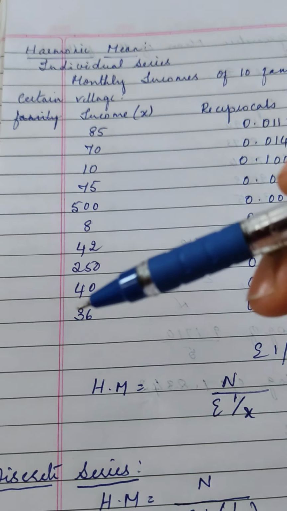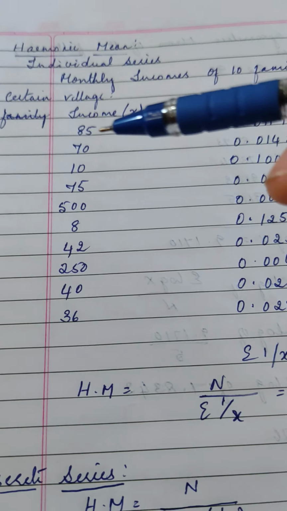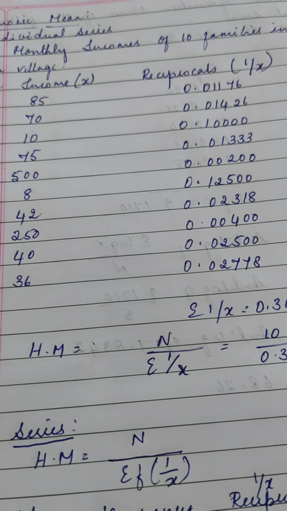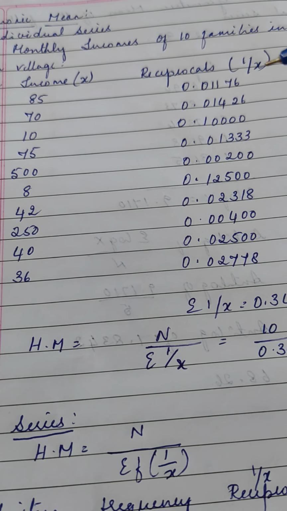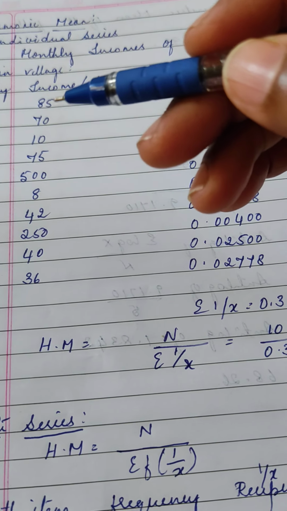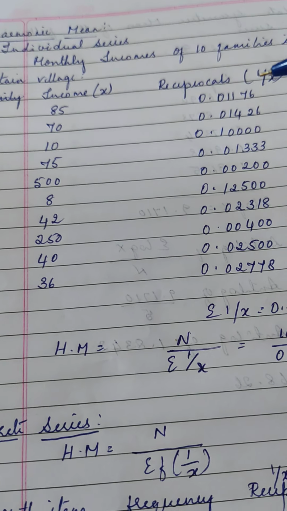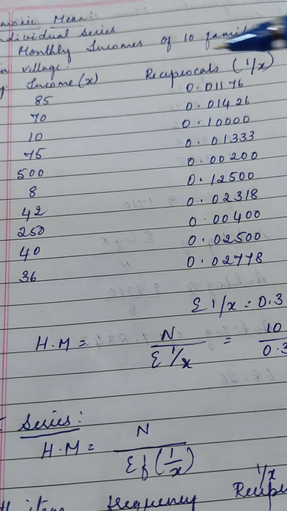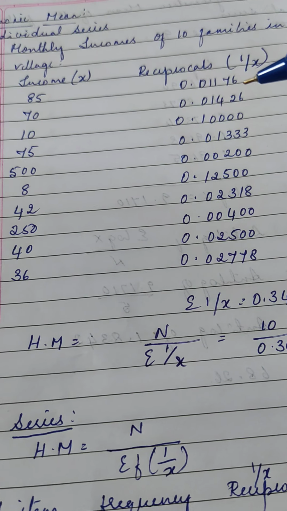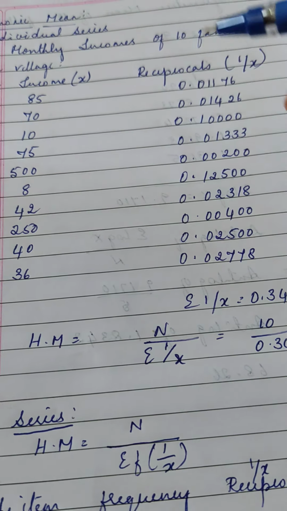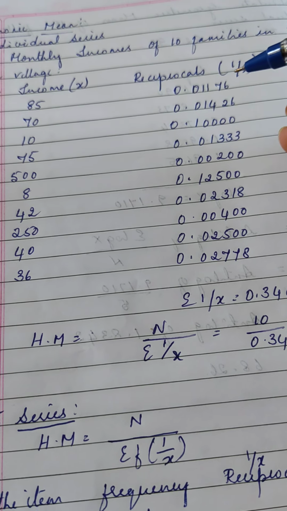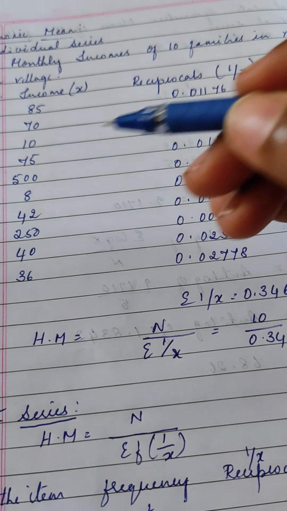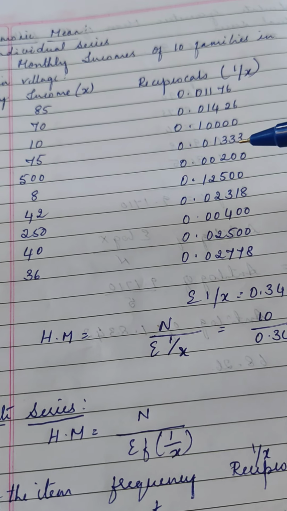This is the x variable. In case of harmonic mean, the first step is to take the reciprocal of x, that is 1 by x. So here x values are given. 1 divided by 85 is 0.01176. 1 divided by 70 will give you this figure. 1 divided by 10, 0.1. 1 divided by 75, 0.0133.